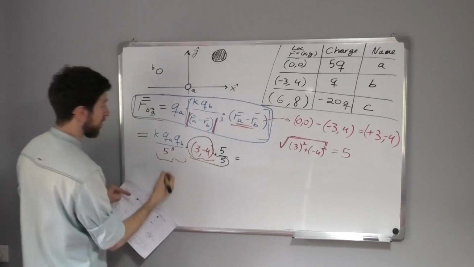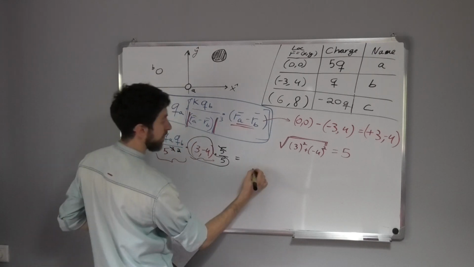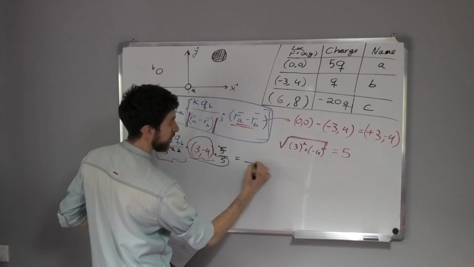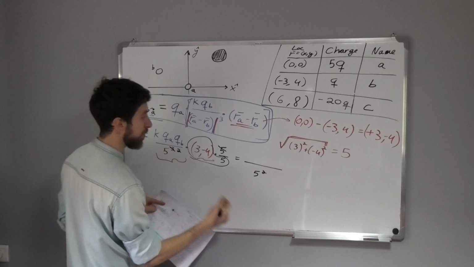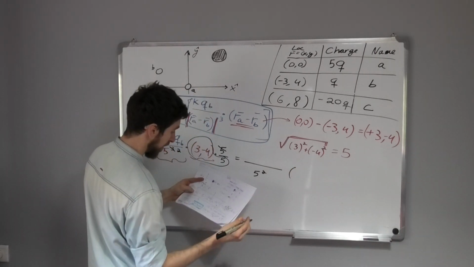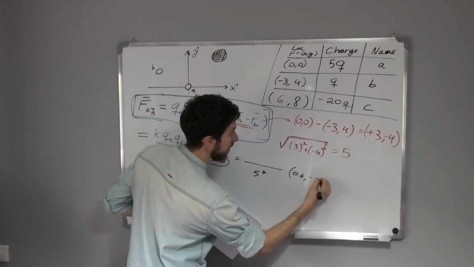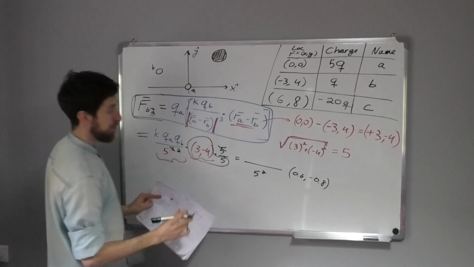So what is it equal to? This one goes with this one, so it's going to be 2. So there are 5, 2. Here this one becomes 0.6, minus 0.8. Perfect.